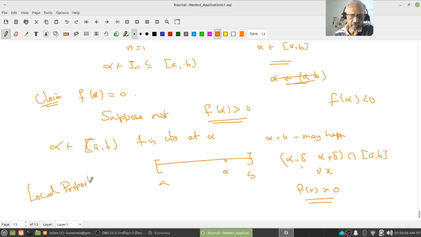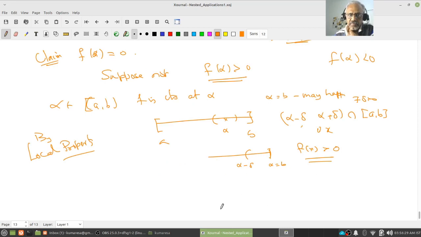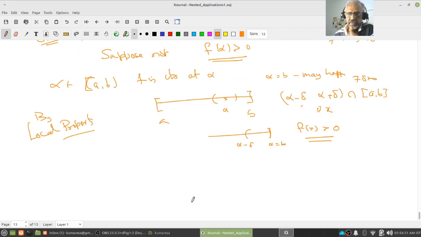This is the local property. We already observed by the local property there exists a delta positive such that for all x in alpha minus delta to alpha plus delta, it may be like this, or it may be like this also, alpha minus delta to alpha, which is b. It may also happen, doesn't matter, right? Now let us look at the length of J n.